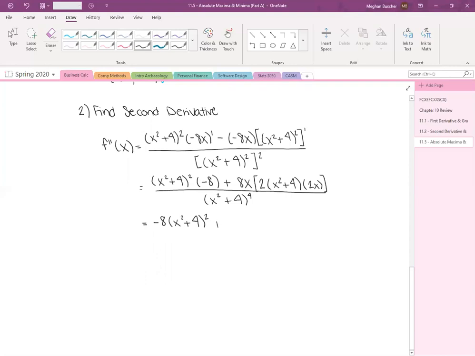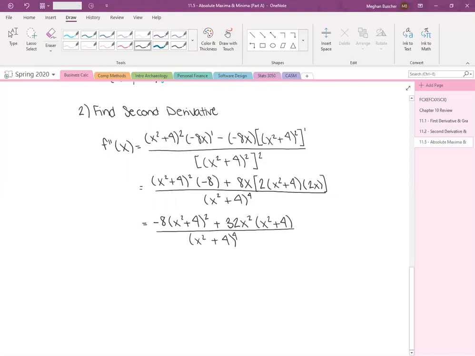And then here, we're going to have plus 8x times 2 times 2x. So 8 times 2, that's 16, and then times another 2, that's 32. So we're going to have 32x squared times x squared plus 4, all over x squared plus 4 to the 4th.